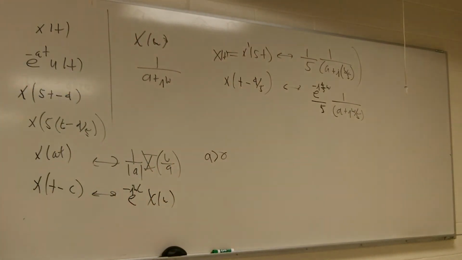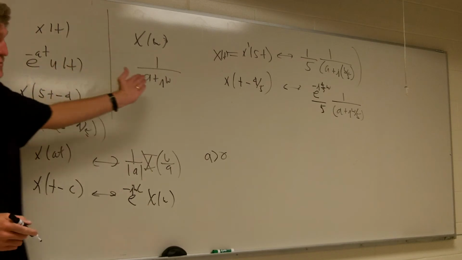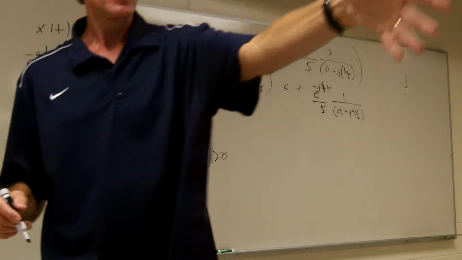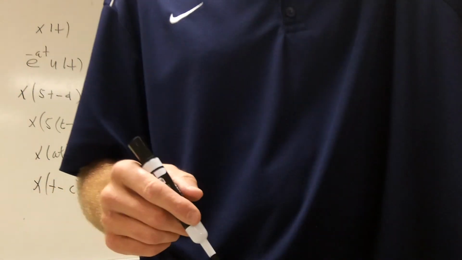I want to know what this is. Suppose I give you x of t. Look at me and think about this first. I want to know what it is for the transform of dx of t. Don't answer dt. Assuming I know this pair, what is that?